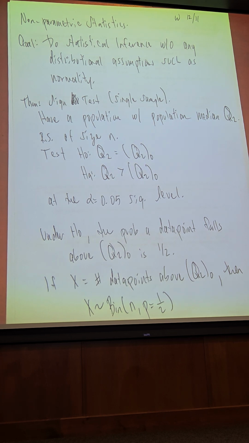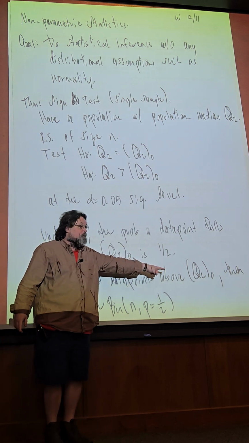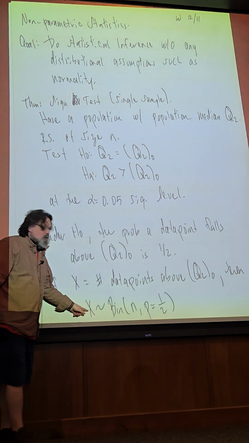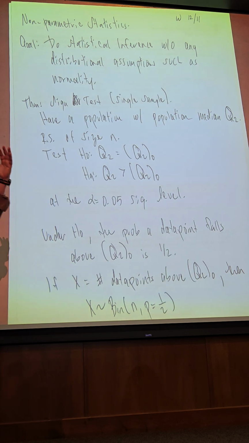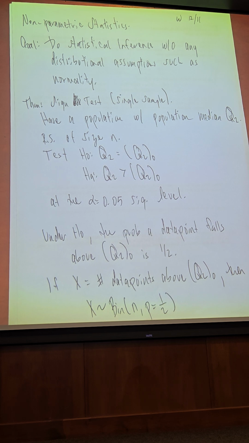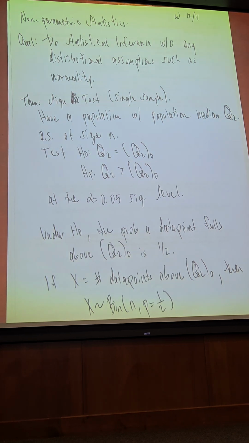So if I count the number of data points that fall above this specific median value I'm testing, then you would say, I have n trials, a success is falling above the median, and therefore my random variable would have a binomial distribution, our old friend, the binomial distribution.